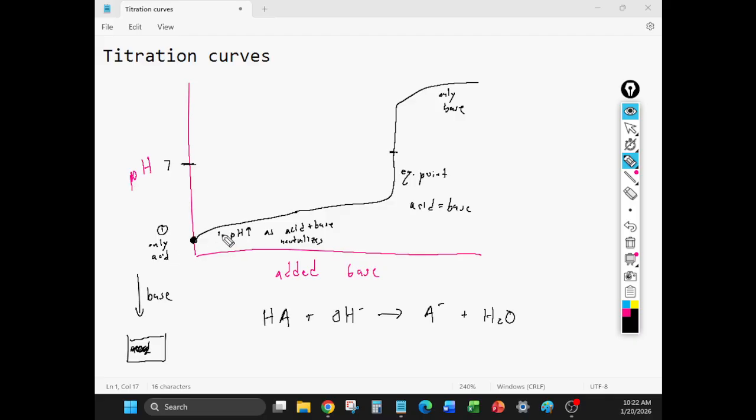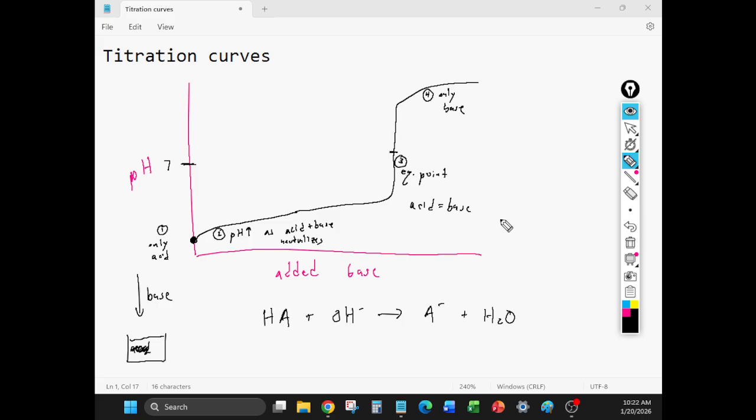And then as you add base, the pH starts to go up. And then you get to a point called equivalence point, where the acid is equal to the base and the acid is completely neutralized. And then afterwards, you have only base left over. Okay, so on your exam, you'll be expected to draw a titration curve, and it should look something like that. And there are a couple things that go into this, but that's the general gist of a titration curve.